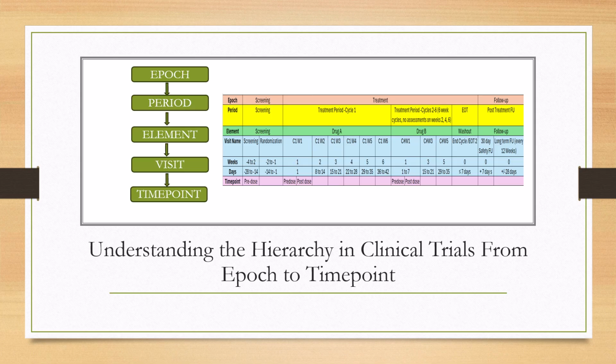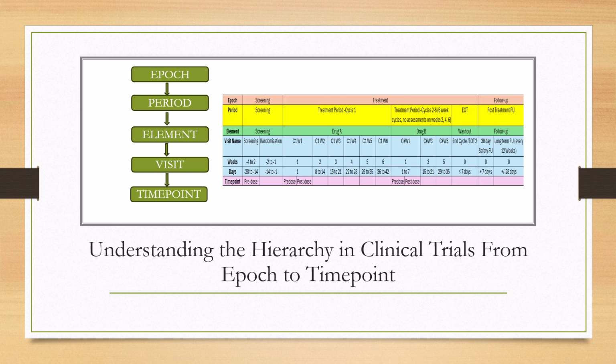Here in this study you can see that the screening visit is again distinguished into weeks or days, and we can see that screening is from week -4 to -2, or in other words, if we categorize in days, it will be -28 to -14. In the same way we have defined the weeks and days for all the visits in each and every cycle period.